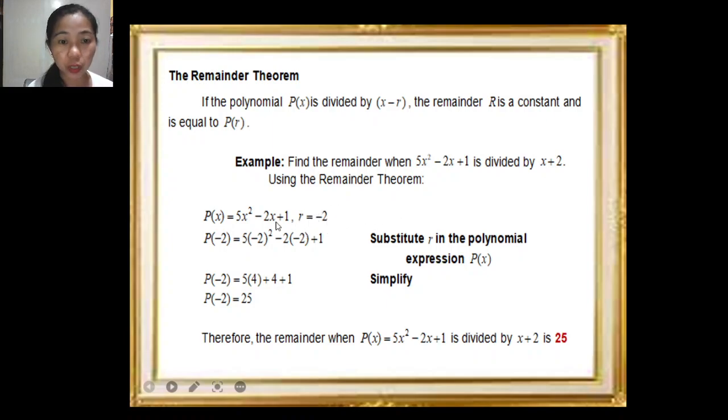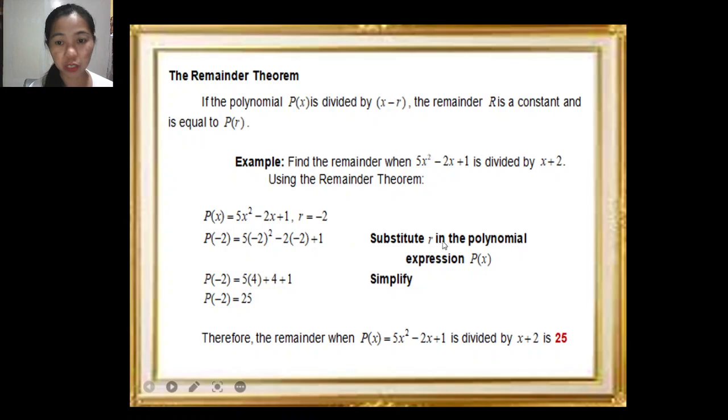Meaning, we are going to replace all x here by negative 2. So, we have here, p of negative 2 is equal to 5 times the quantity of negative 2 raised to 2 minus 2 times negative 2 plus 1.